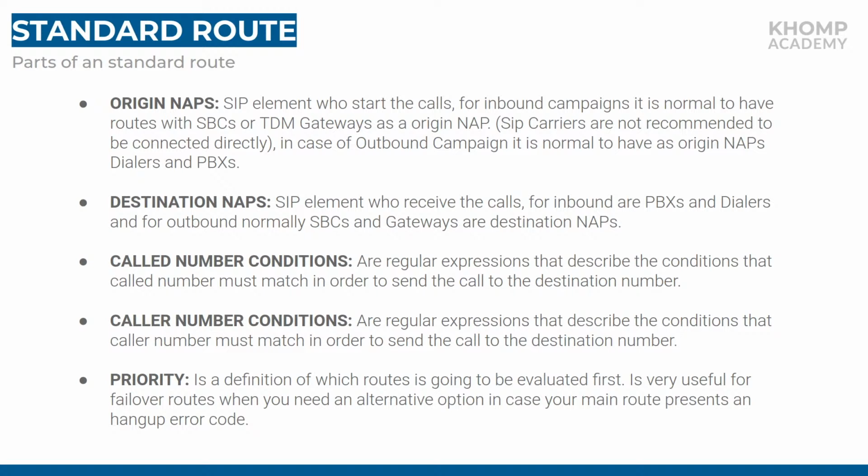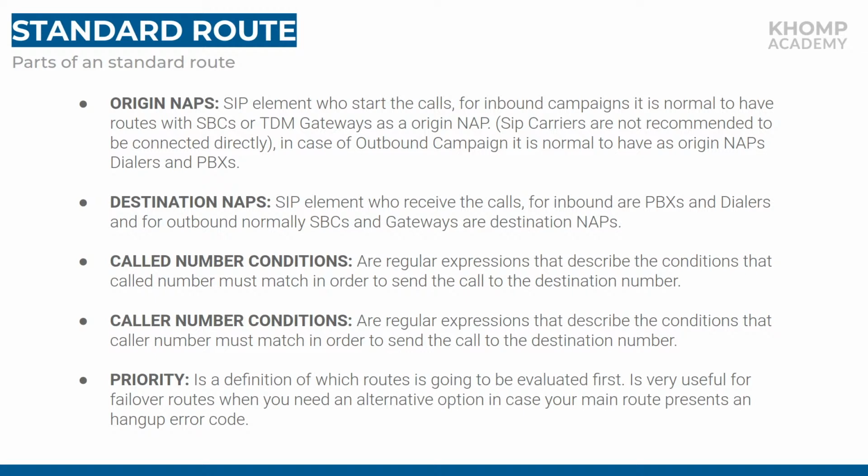So maybe you have the same origin NAP and the same conditions for callee and caller number, but a different priority. Then what our routing compiler is going to check first will be the one whose priority field is closest to 0.